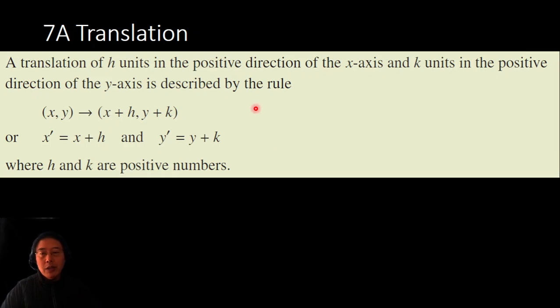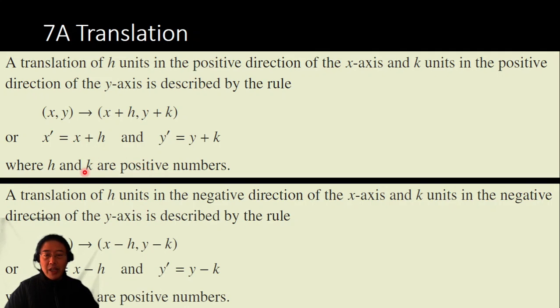So to summarize, if you have a translation of h units along the x-axis in a positive direction, you will do plus h. If it's k positive in the y direction, you add plus k to the y coordinate, and we can also rewrite those as mapped relationships or equations.